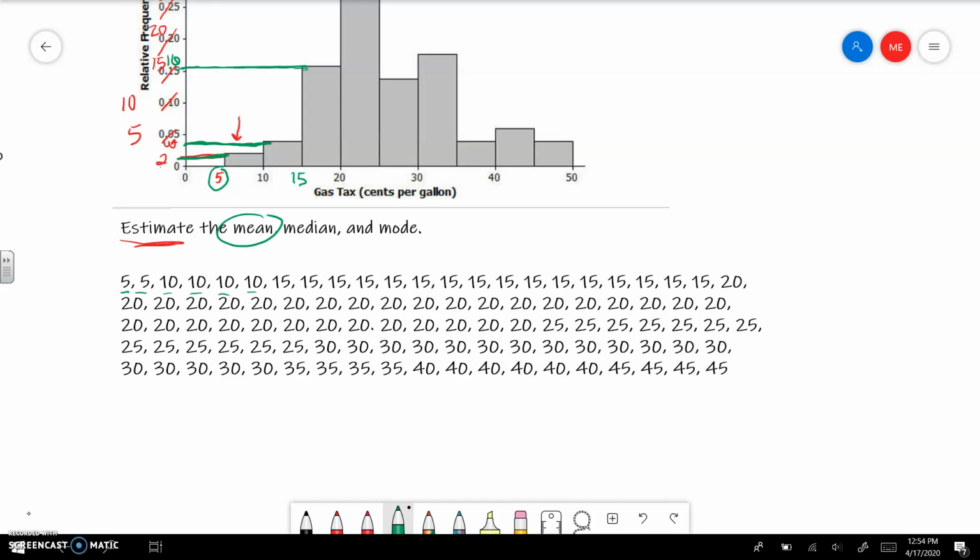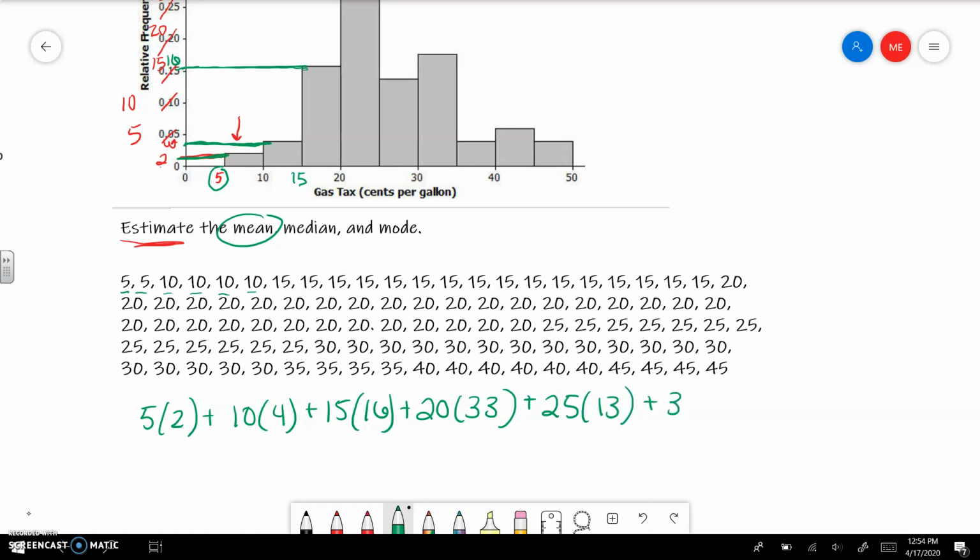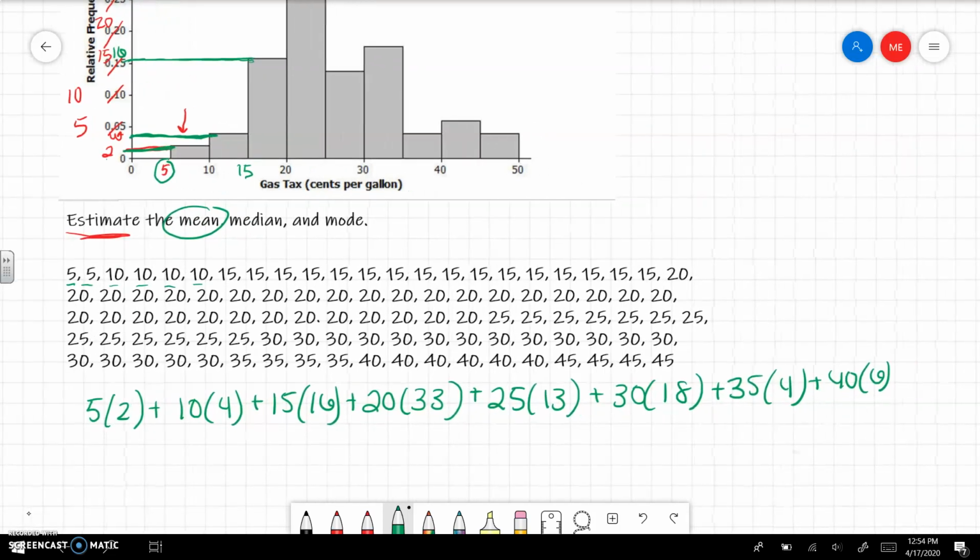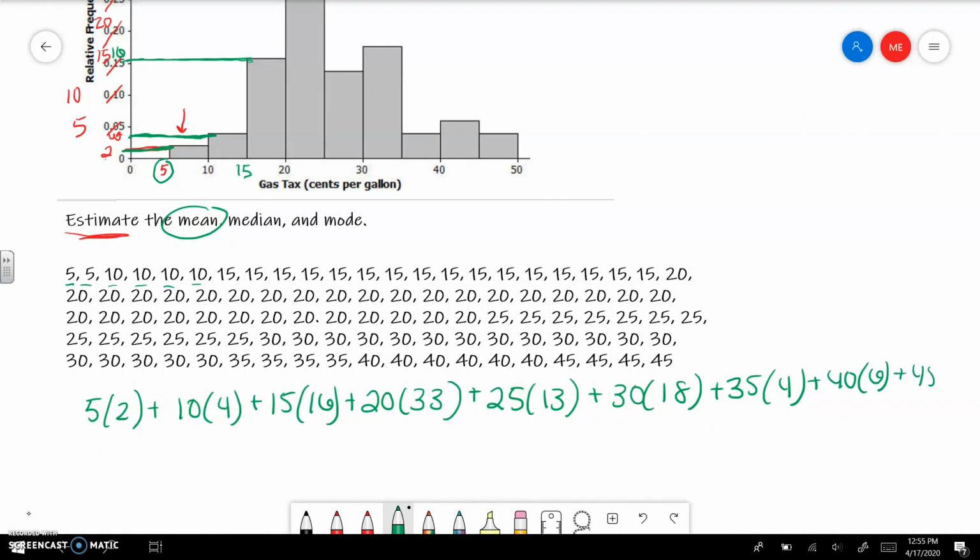So that would look something in this case like there are 2 5s, there are 4 10s, there are 16 15s, there are 33 20s, there are 13 25s, there are 18 30s, there are 4 35s, 6 40s, and 4 45s.